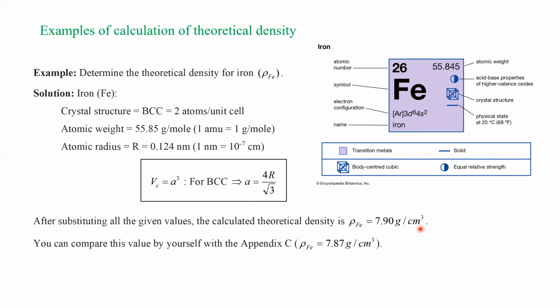And then you open up the book, and let's see. The number written in the textbook is 7.87 grams per centimeter cubed. Oh, it's very close. Even though here we assume that the atom is a solid sphere, it's actually not really a solid sphere.